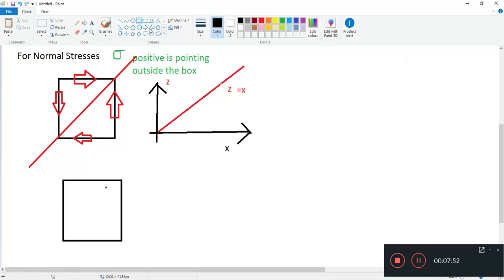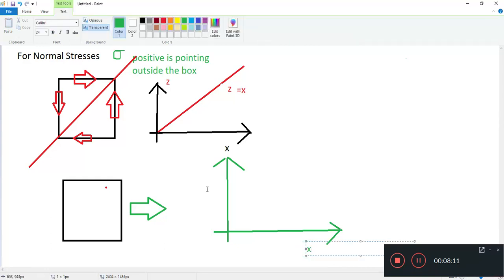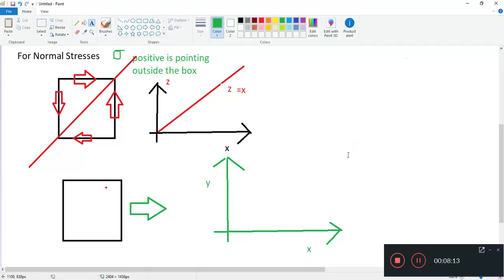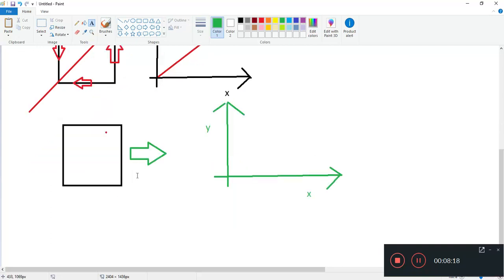Alright, so if you have a stress here, I'm going to put it in green color, and you have an x and y plane, and you have a normal stress in this direction.